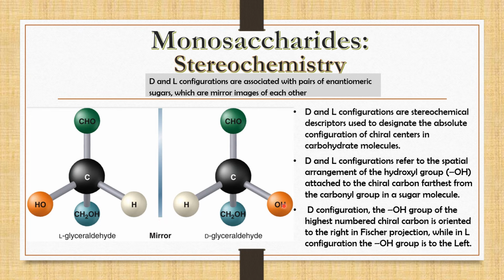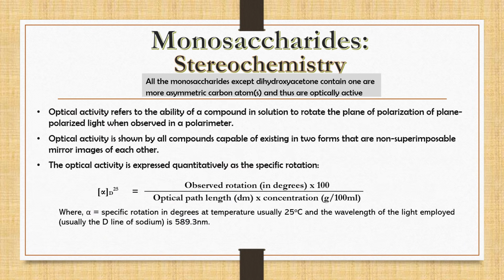Here we have the hydroxyl group on the right, the functional group at the top. This is D-glyceraldehyde. So in essence, for every other structure that has the functional group at the top, the carbon that is farthest from the functional group and which is a chiral carbon, if the hydroxyl group is oriented to the right, such a carbohydrate is a D, and if it is oriented to the left, we have an L monosaccharide.